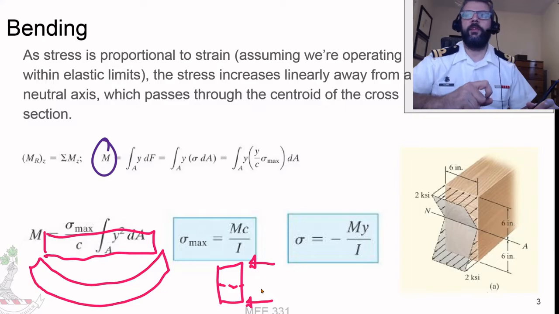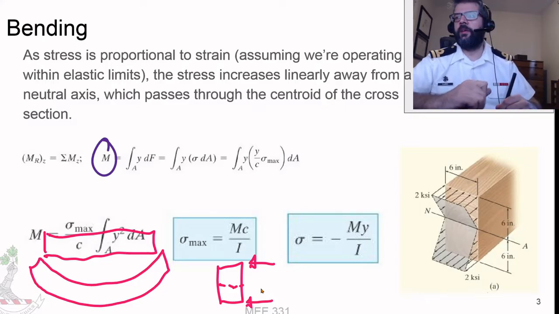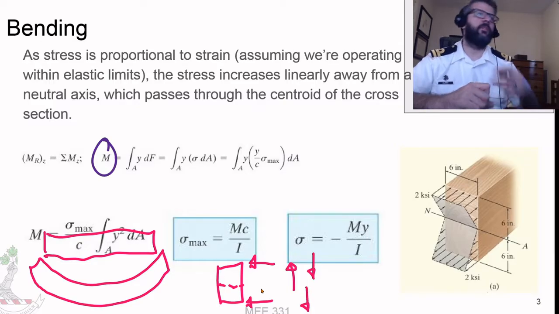So essentially, when our y increases, our stress level needs to become negative, and when y decreases, our stress level needs to start to become positive.